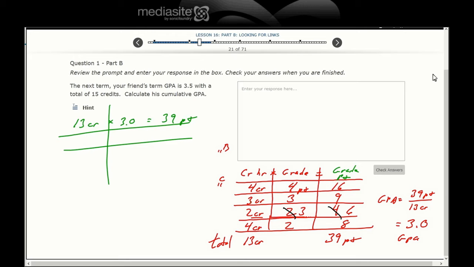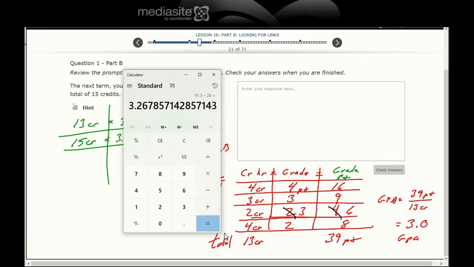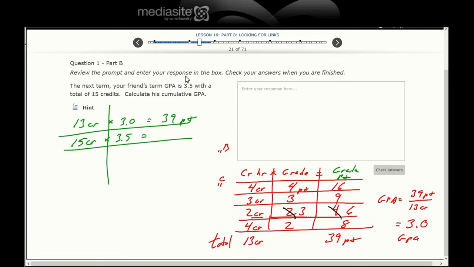The next semester we had 15 credits and we had a 3.5 GPA, and that is good for 15 times 3.5, 52.5 points. So let's total my credits for 28 credits. Total my points, 9 and 2 is 11, carry the 1, for 91.5 points.